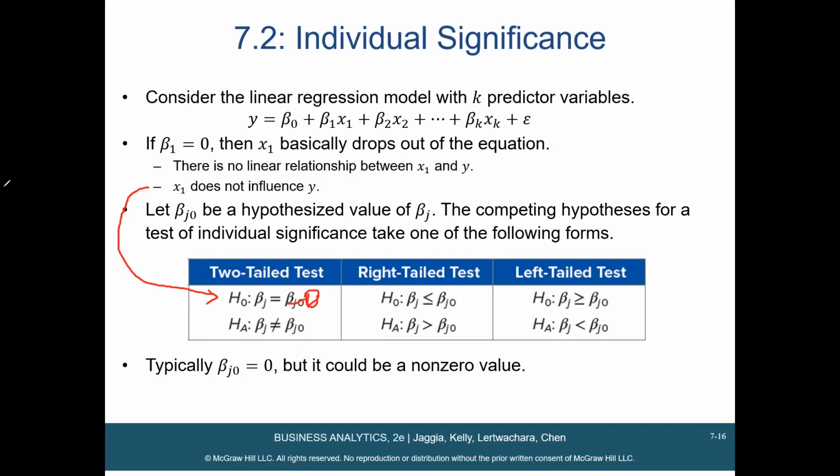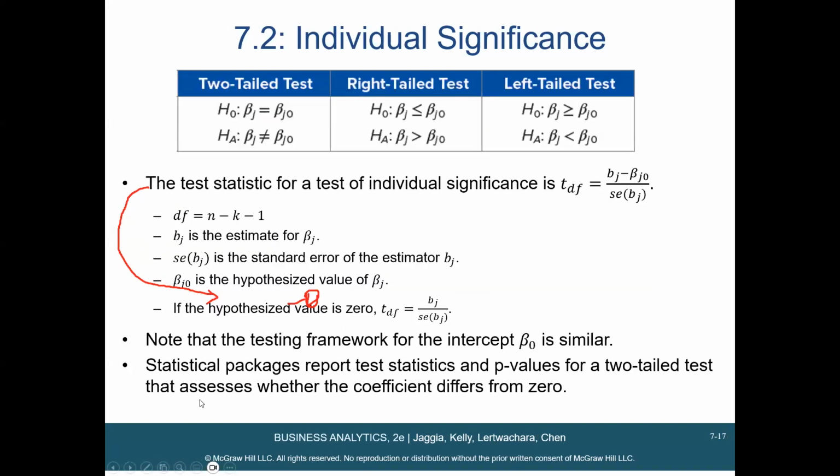And so what we need to do is come up with a test statistic for that. And that test statistic hopefully looks kind of familiar to you. It's the observed value, or you could say the estimated coefficient from our regression model, minus the expected value from the null hypothesis, which is almost always a zero, and then over the standard error, the standard error in that single estimator.